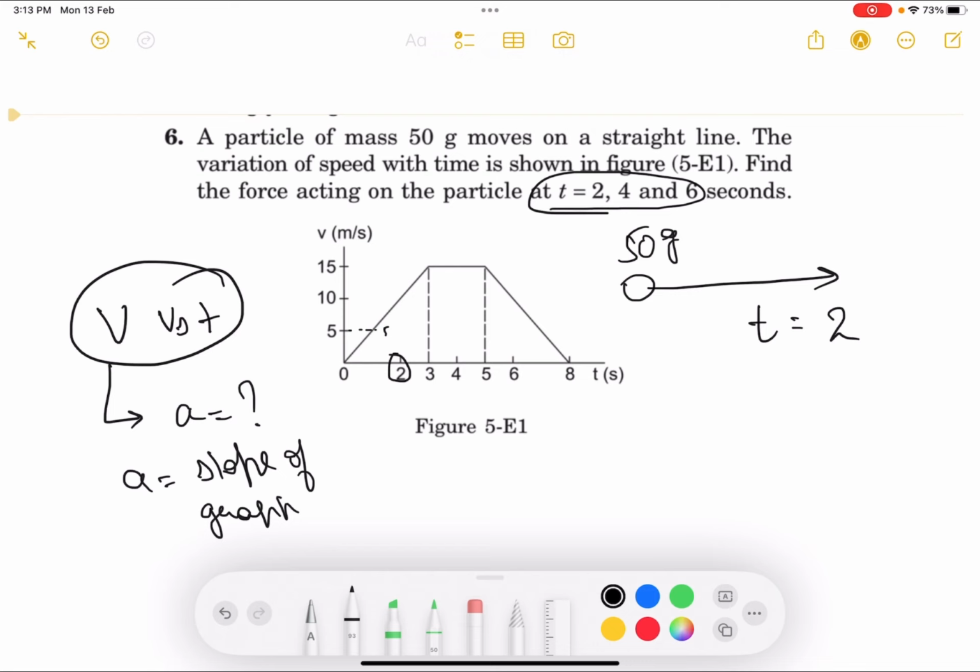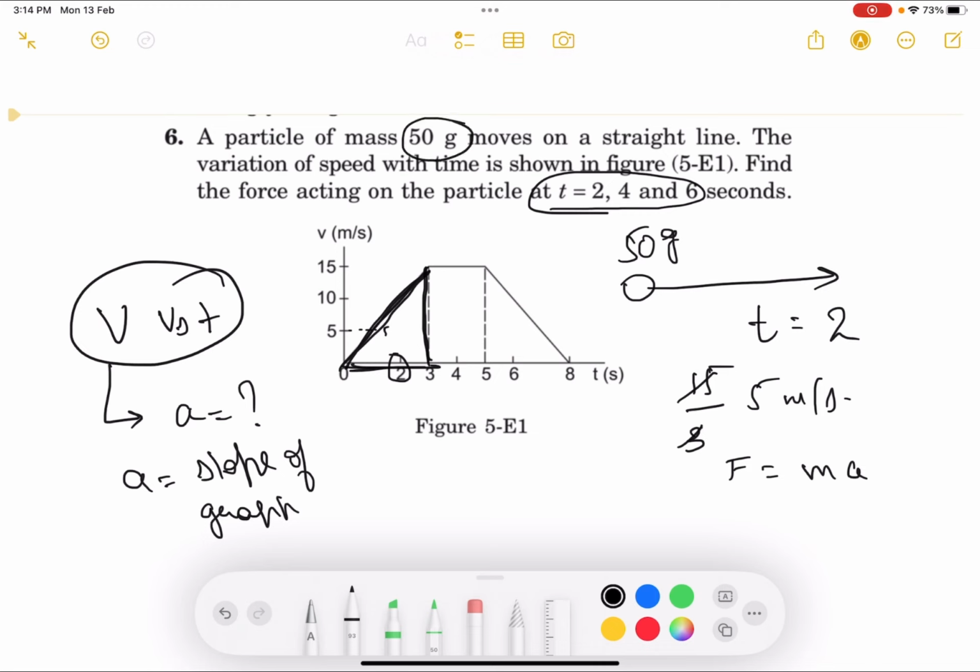The slope is basically the perpendicular by the base. So the perpendicular is 15 divided by the base is 3, which means that it is 5 meter per second square. Therefore, the force is equal to m into a.